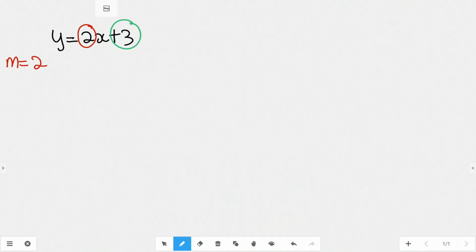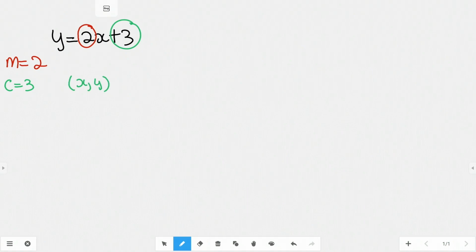This value here. So we know that this line is going to cut the y-axis at positive 3. Since C is equal to 3, the coordinates of this point, remember, coordinates have to be written in the form x, y.